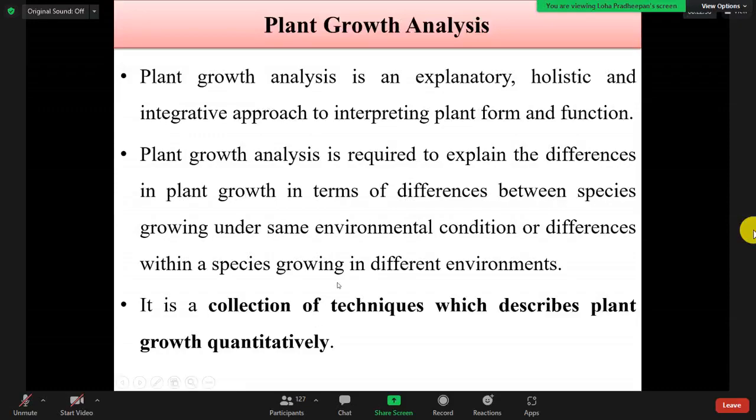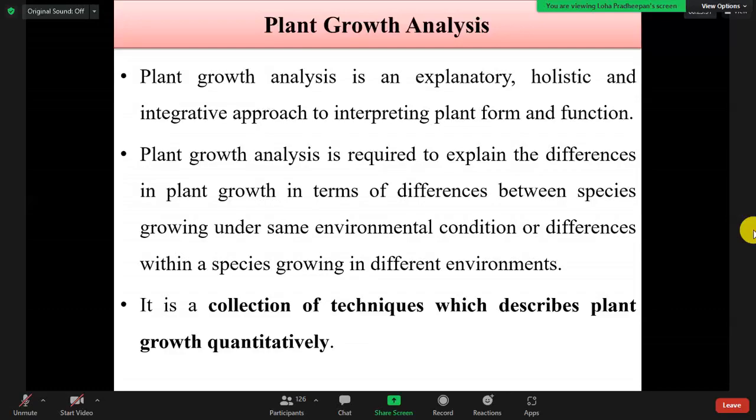So we can move to plant growth analysis. Plant growth analysis is the explanatory, holistic, integrative approach we use to interpret plant performance and function. In plant growth analysis, we have to explain the differences in plant growth among species in the same environment, how each grows.